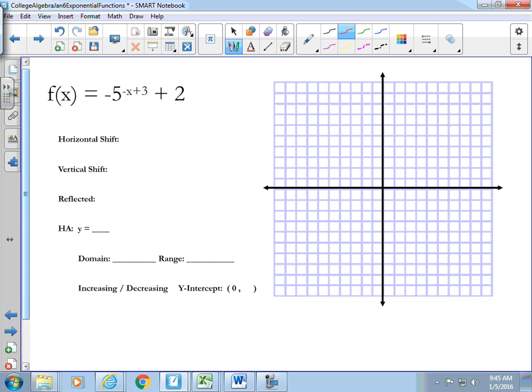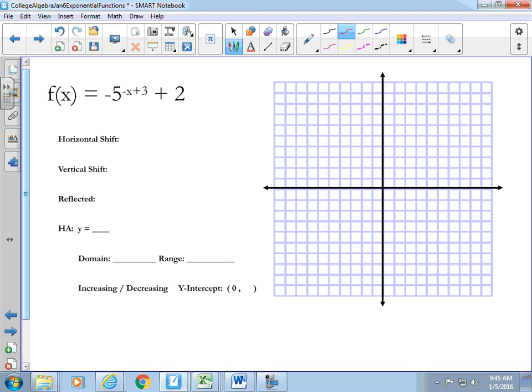This one is a particularly tough one. Probably as tough as I could make it. It has almost everything happening, doesn't it? I don't care if you answer the questions first and then graph, or if you graph and then answer the questions.